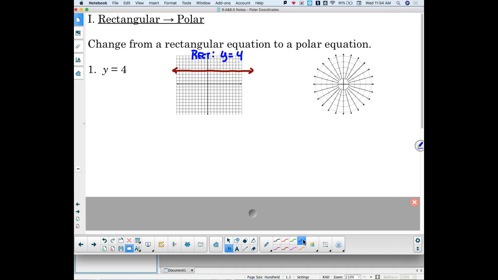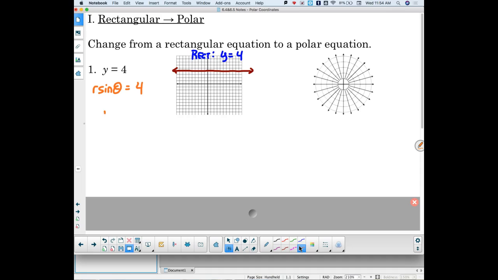Y is equal to r sine of theta. So r sine of theta is equal to 4. Polar equations are R equals. So what would I need to do in order to solve this? Divide by the sine of theta.